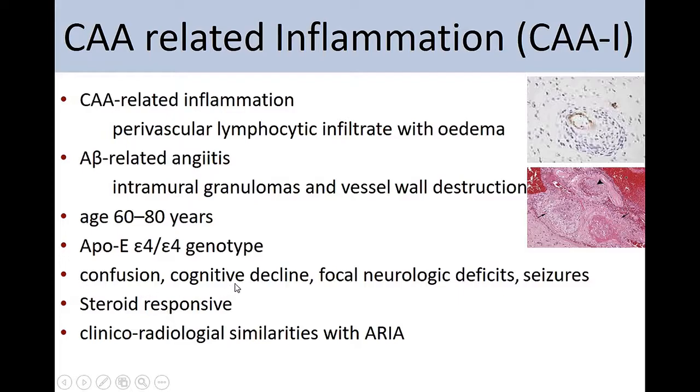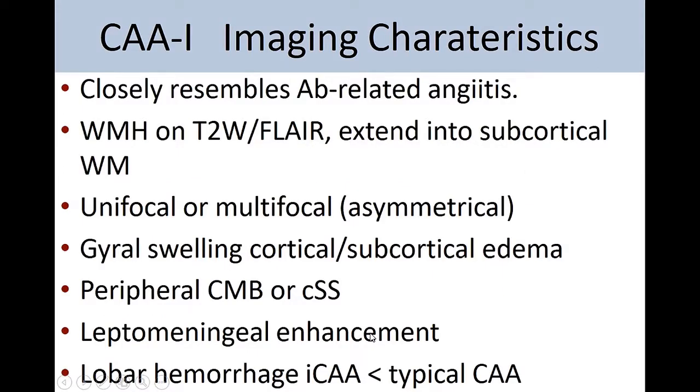Patients present with confusion, cognitive decline, and it has similarities with something called ARIA, to which I'll come in a second. So we have white matter hyperintensities, of course, extended subcortical white matter, swelling of the gyrus, peripheral microhemorrhages, and cortical superficial siderosis. It is a form of CAA, and leptomeningeal enhancement.